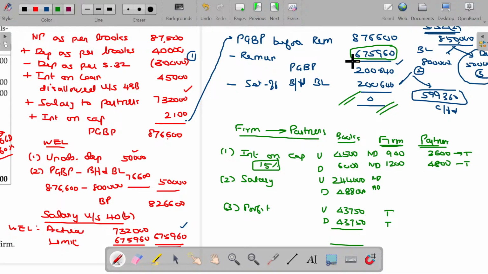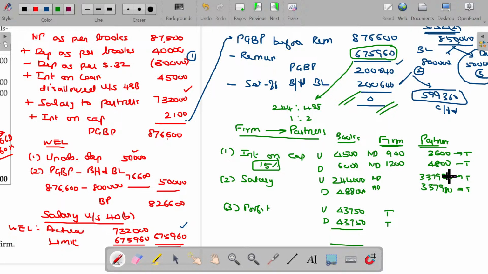This 6,75,960 will be shared in the existing salary ratio, 2,44,000 to 4,88,000, otherwise 1:2 ratio. To the extent deducted in the firm will be taxable in the hands of the recipient. How much is that? 3 lakhs 37,980 taxable here.